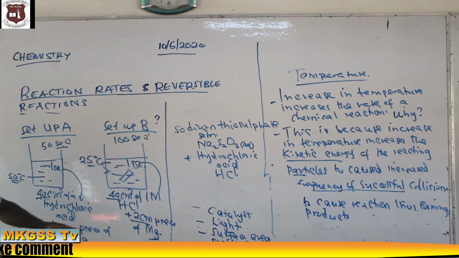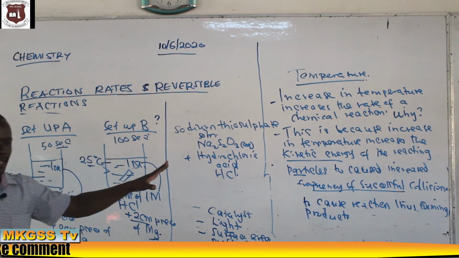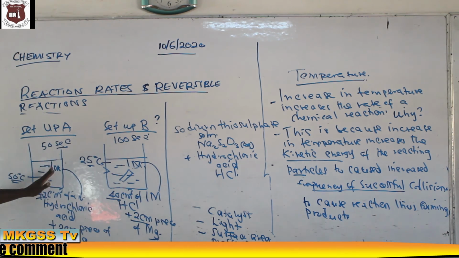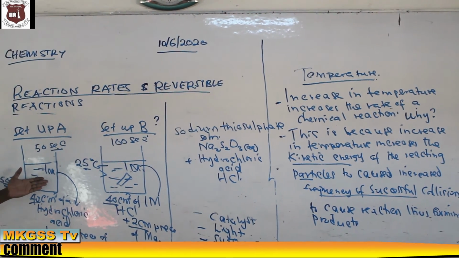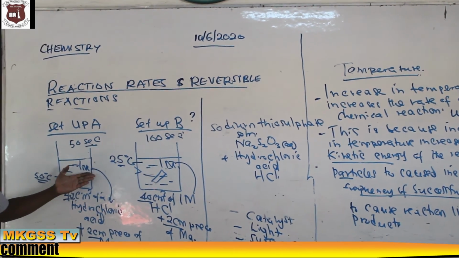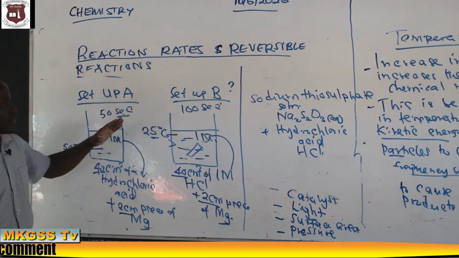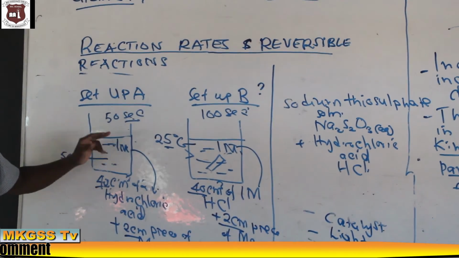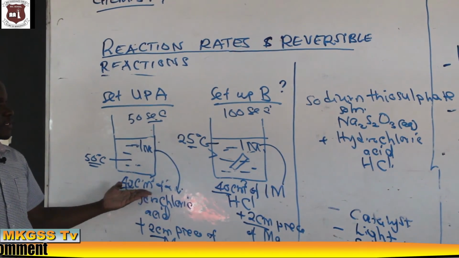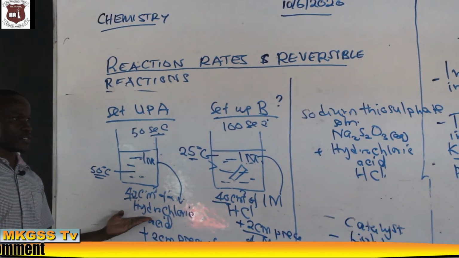In a case where we use this one as an example to illustrate how temperature affects the reaction rate, then we can have two setups on the same note, where we are going to use 1 molar hydrochloric acid, 1 molar sodium thiosulfate.